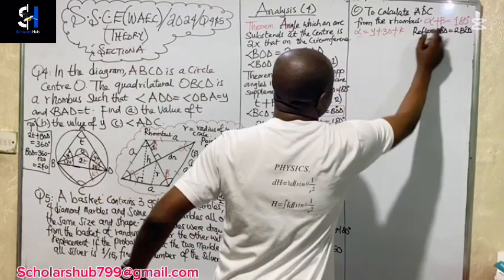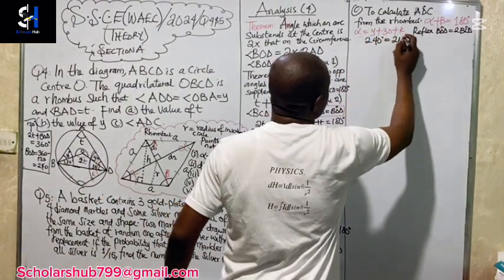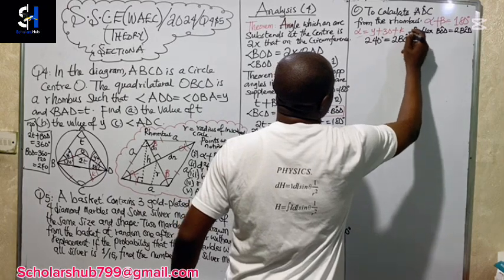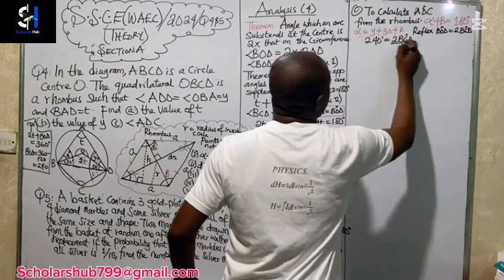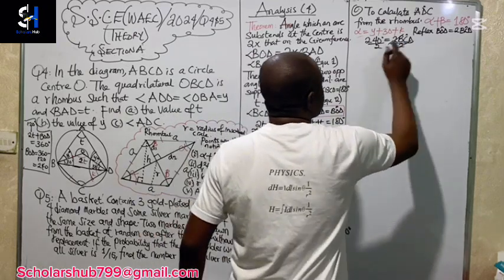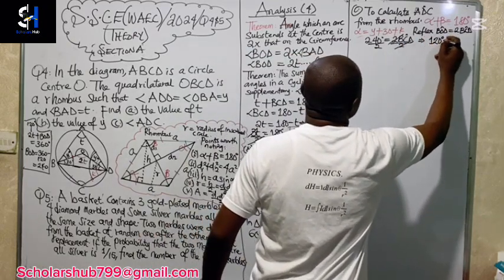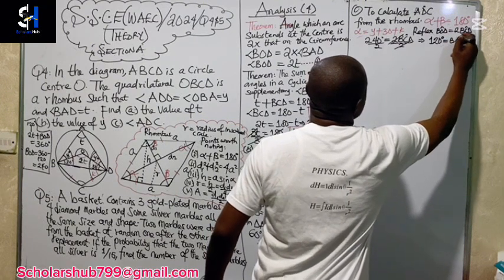So you copy this: 240 degrees equals 2 BCD. When we divide both sides by 2, we have 120 degrees equals BCD.